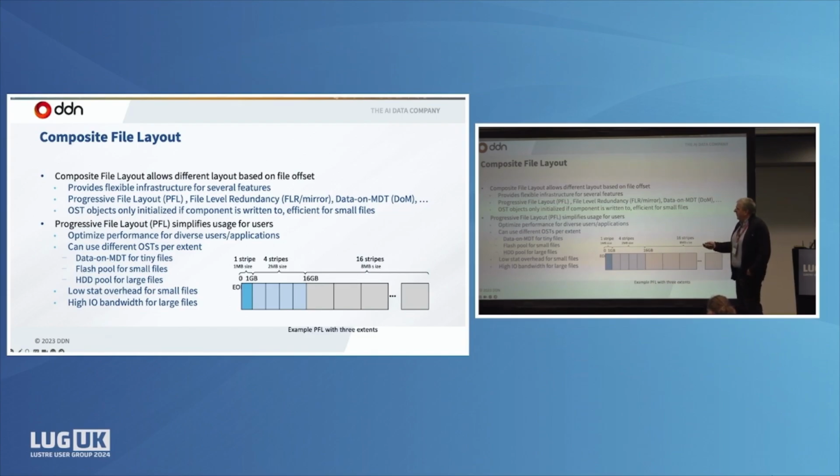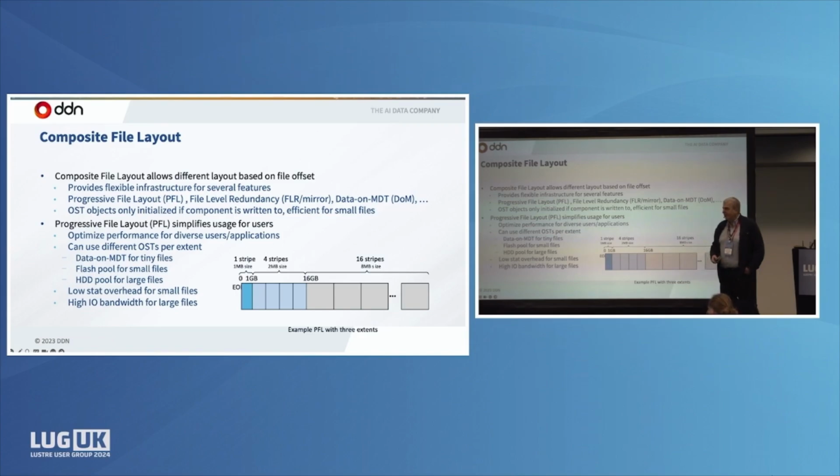But progressive file layout, this for sure allows Lustre to be a lot more consumable by the common users. So what do we mean by this? Hopefully your administrator will set up a progressive file layout. However, you can also set up your own. Generally, I heard the Sanger guys, where's James?